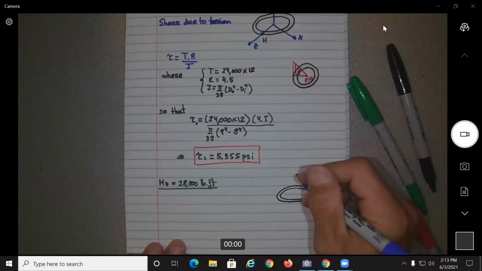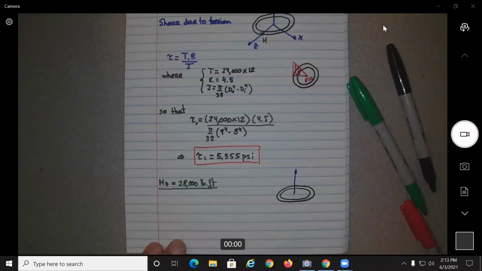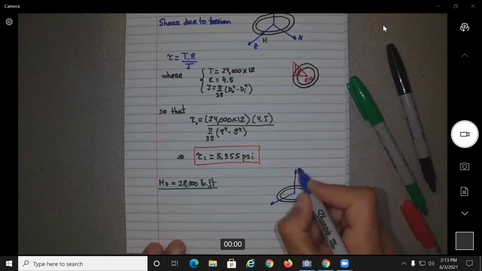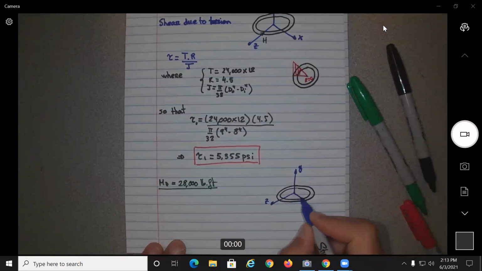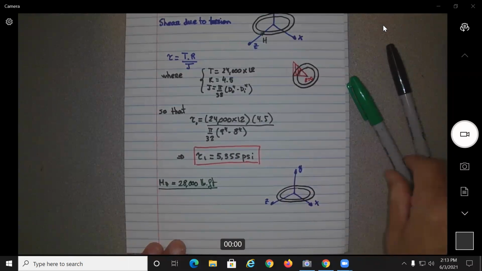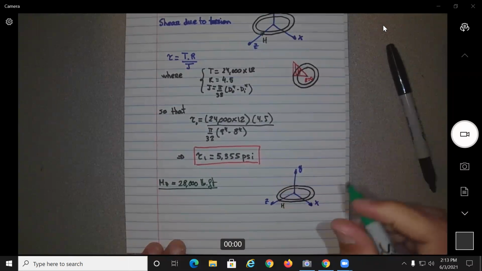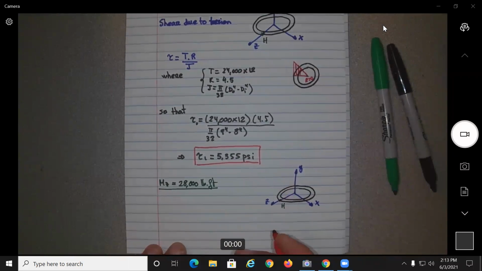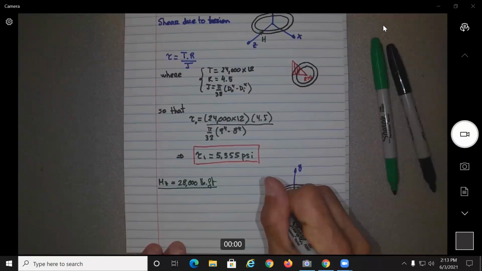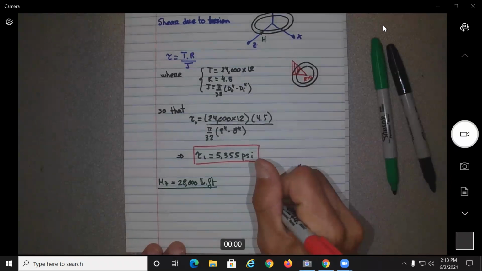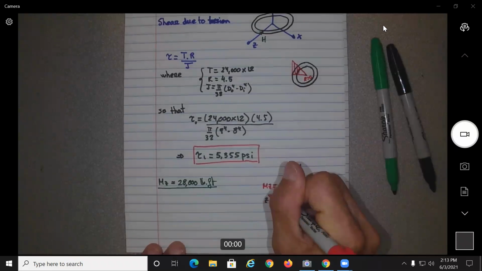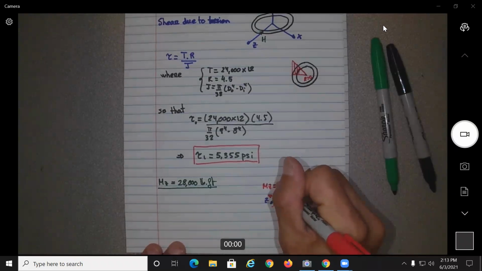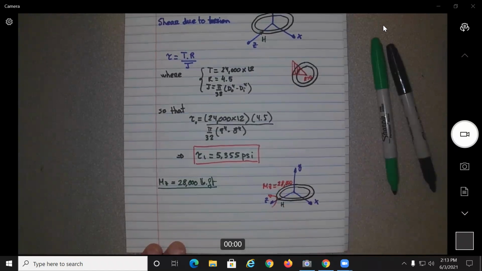Then I do the X. So Y, Z, X. I put here the point H, because everything we're doing is at point H, and this time Mz is positive, so it's coming out. So Mz is equal to 28,800.